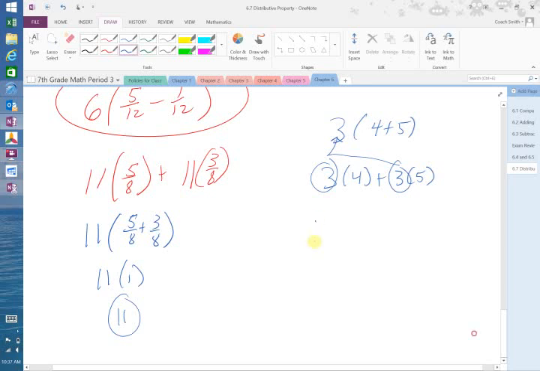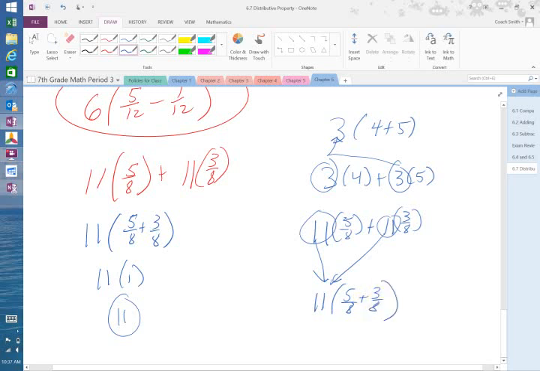So in our problem here, 11 times 5/8 plus 11 times 3/8, this and this, we can bring outside the parentheses. Okay? And so therefore the answer is 11 times 1, which is 11.